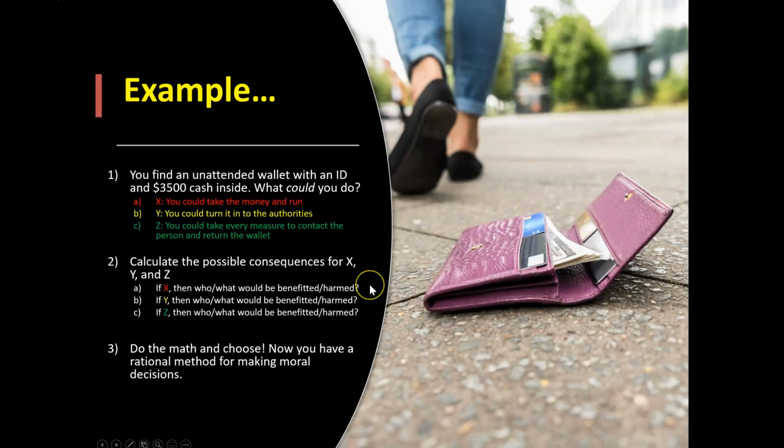And you think that through. If you turned it into the authorities, same thing. Who or what would be benefited and who would be harmed? And then same with Z. If you took every measure you could to contact the person, return the wallet, what sort of consequences would that have? Then you do the math and choose.